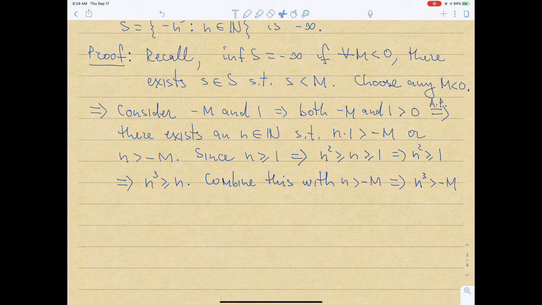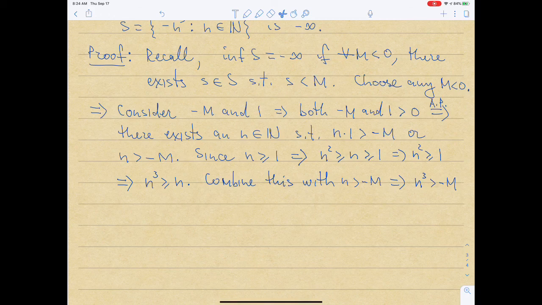That's because that is actually our inequality. So again, capital M was a negative number, minus m is a positive number, so I'm able to find n cubed, which is larger than minus m.